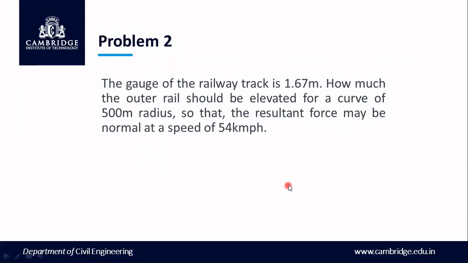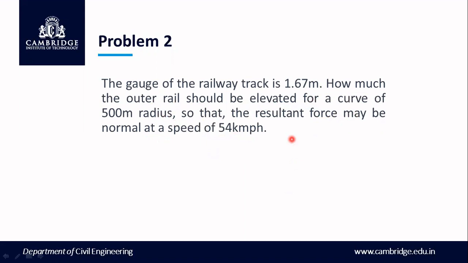Next, moving on to the second problem. The gauge of the railway track is 1.67 meter. How much the outer rail should be elevated for a curve of 500 meter radius so that the resultant force may be normal at a speed of 54 km/h.